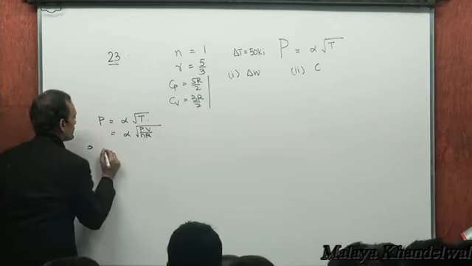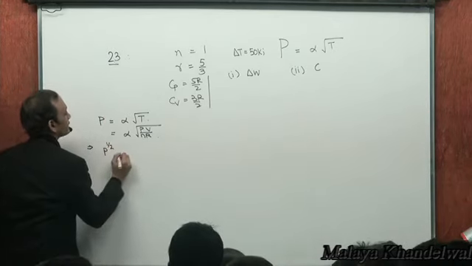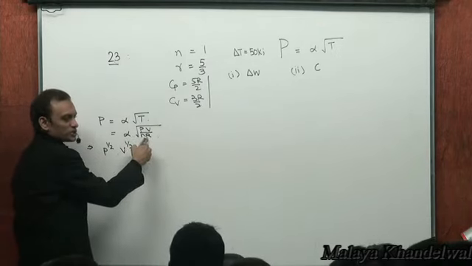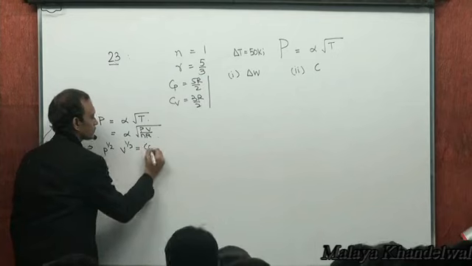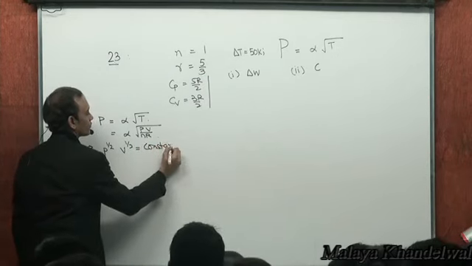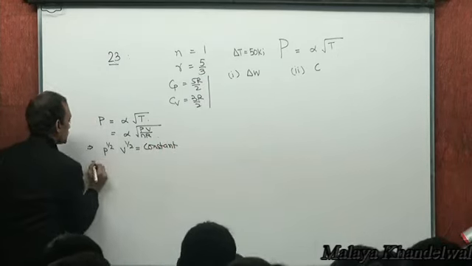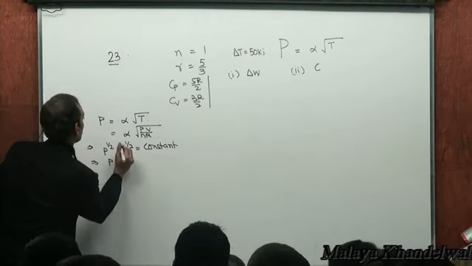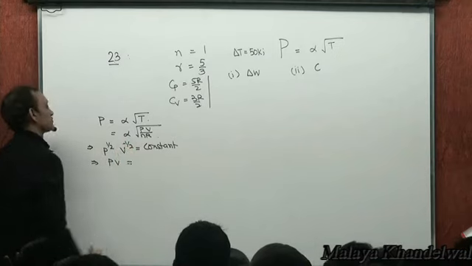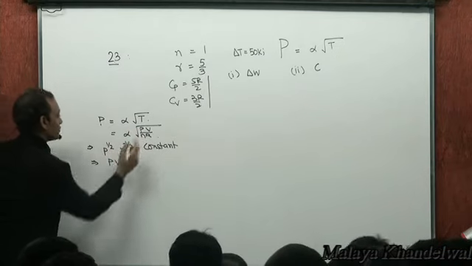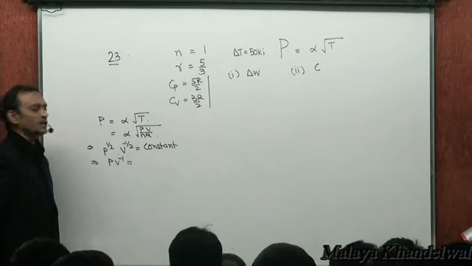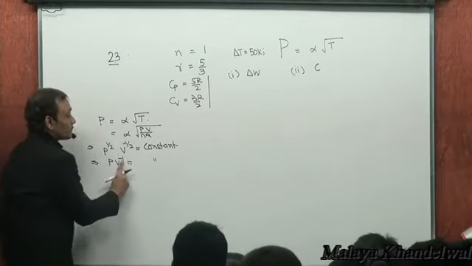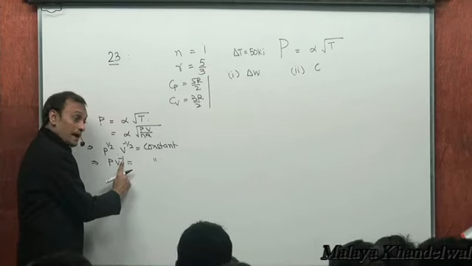So this could have been written as P to power half into V to power half equal to alpha by root nR, which is a constant. Which means P to power half, V to power minus half, that means PV to power minus 1 is a constant.